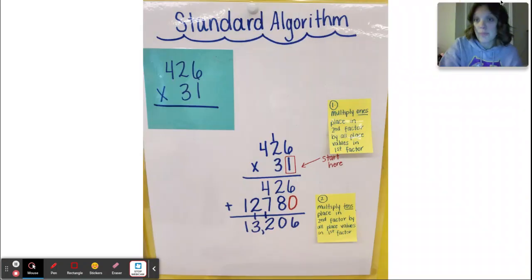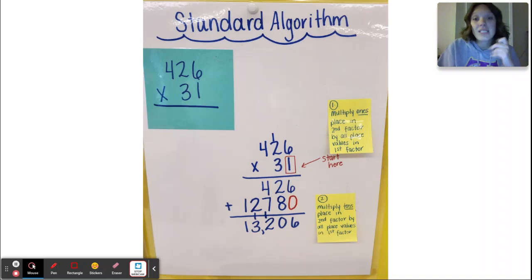We learned and practiced three different strategies. Now, moms, dads, grandmas, grandpas, aunties, uncles, older cousins, this standard algorithm is the way that we were taught in school how to multiply. I refer to it as the old school way of multiplying. We call it a standard algorithm.